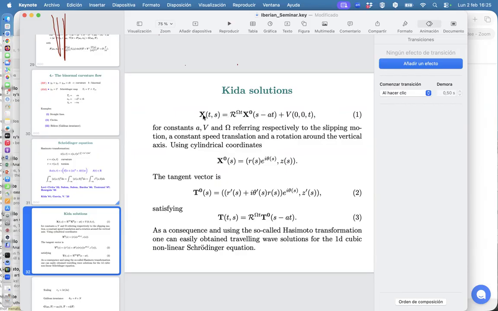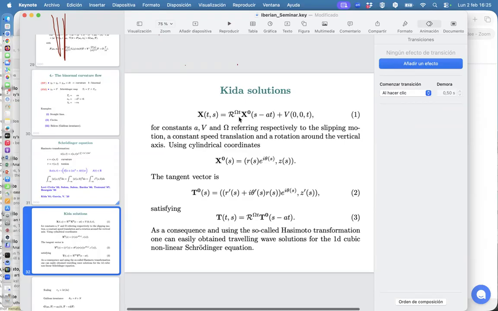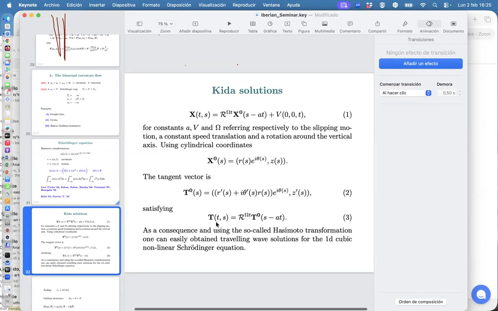So you imagine that your curve, here capital X instead of chi, is a traveling wave plus a fixed rotation, and then you end up with an ODE that you are able to solve. In particular, the tangent vector will be nothing but a translation along the filament times a rotation. This is what this calligraphic R means. You are rotating, and in the normal direction.